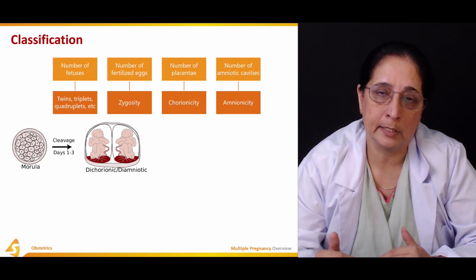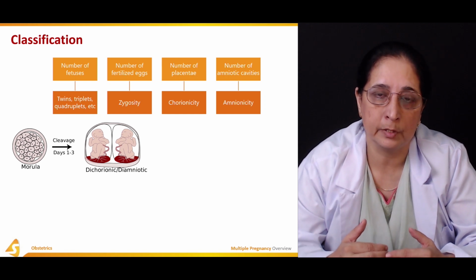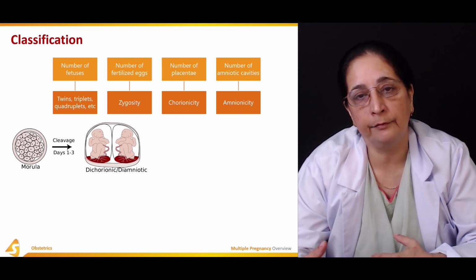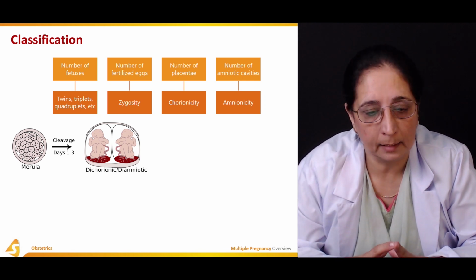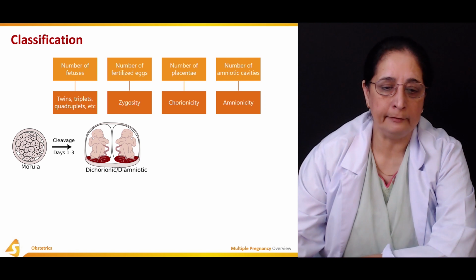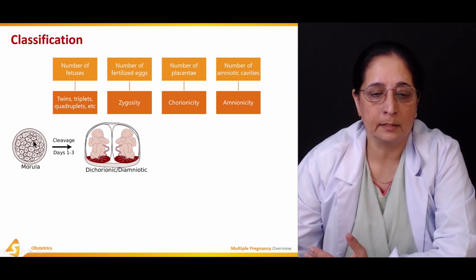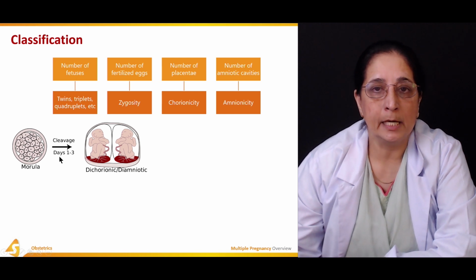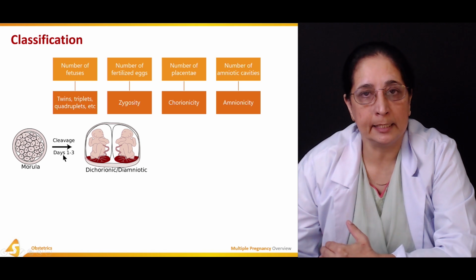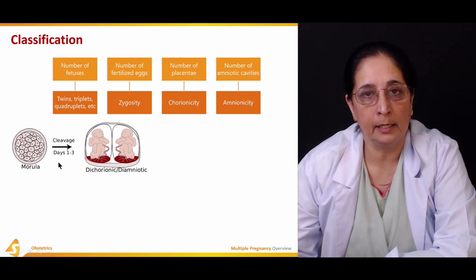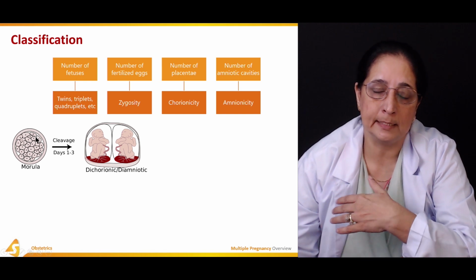If cleavage occurs in any of these four stages, we can see different types of multiple pregnancy. So cleavage, morula: the morula is formed at day 1 to 3, and cleavage at this stage, 1 to 3, is in the morula phase of embryonic development.